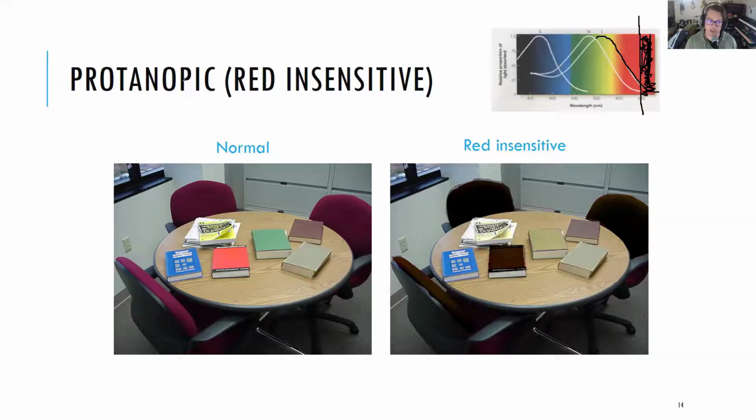If somebody is protonopic, meaning their long wavelength receptors do not exist, they are not physically present in any meaningful amount on the retina, then that means there is a range of the normally visible spectrum that these people cannot see. That becomes the absence of light, like shining the TV remote in your eye and the infrared is not picked up by your eye. Similarly, if we were protonopic, this part of the spectrum would be the same as that light from the TV remote.